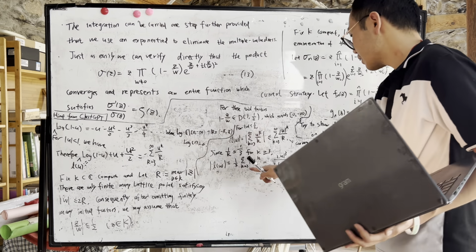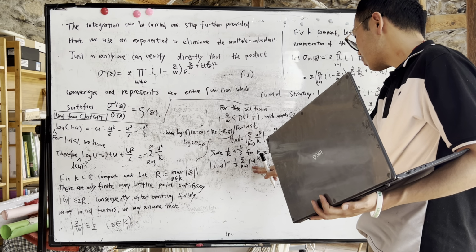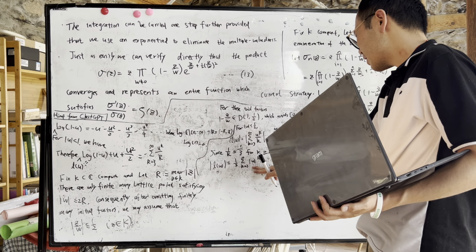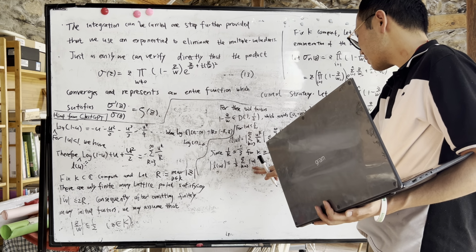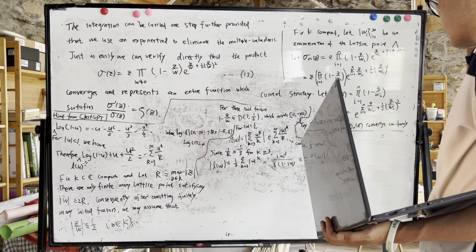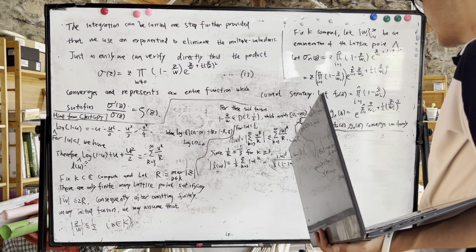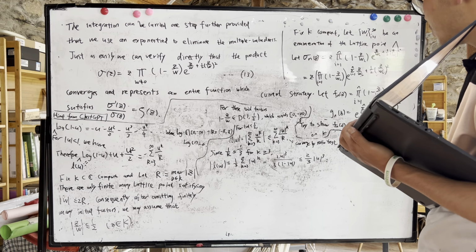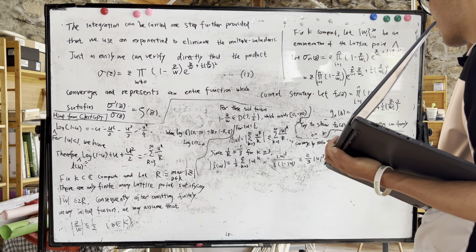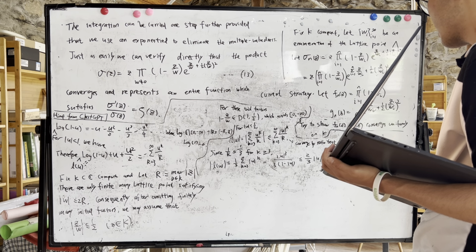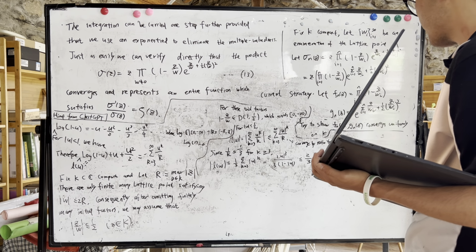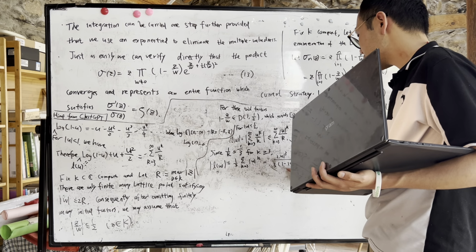And then for this one we just do a geometric series sum, right? So the geometric series sum gives me, if we pull out a u cubed, it's like u cubed, and then 1 over 1 minus modulus u, right?